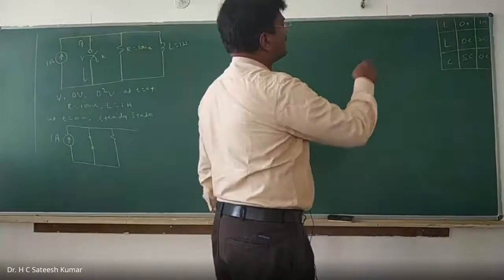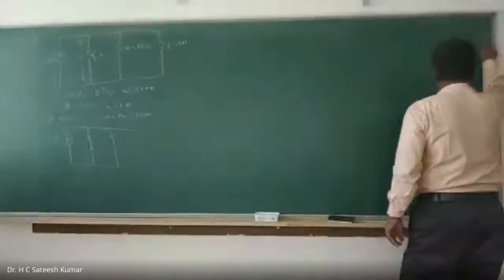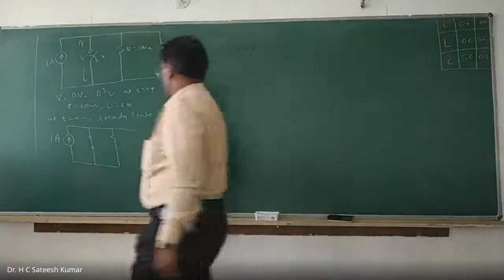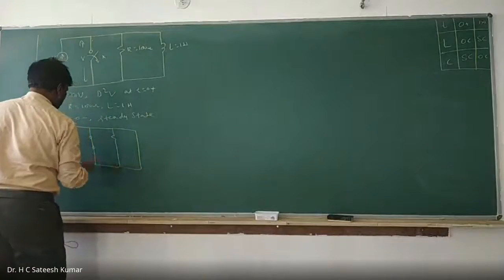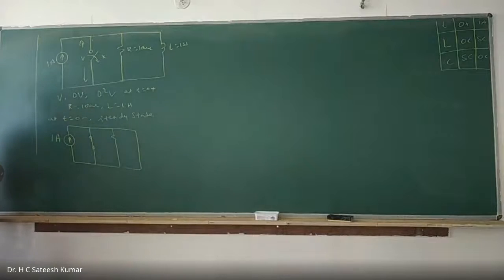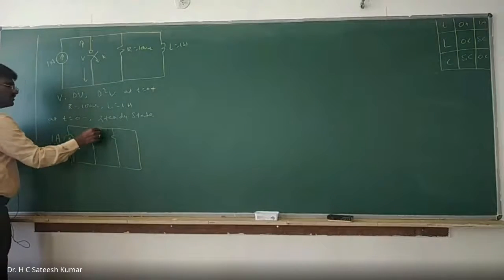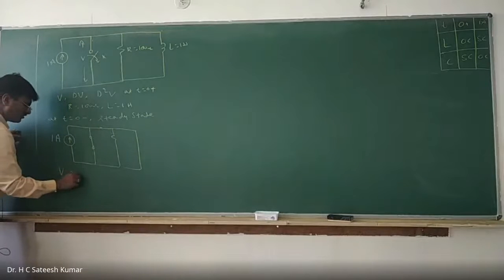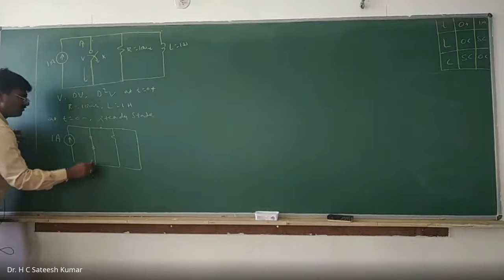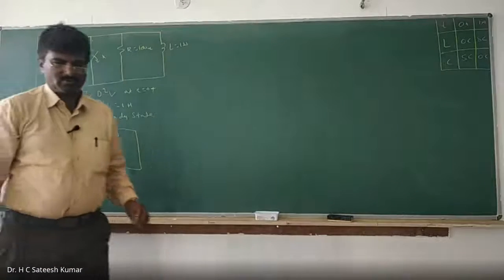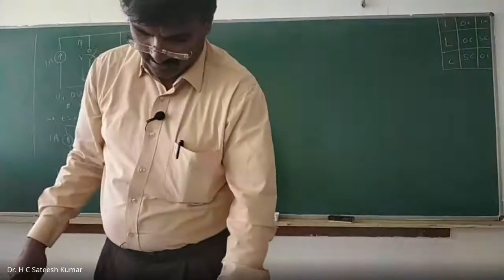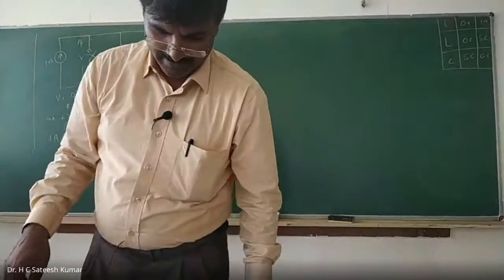At steady state the inductor is short circuited. So we should write a short circuit here. Okay, right. Now what can we write? V0 minus is equal to 0 because it is short circuited. Therefore, we get V0 minus as 0.